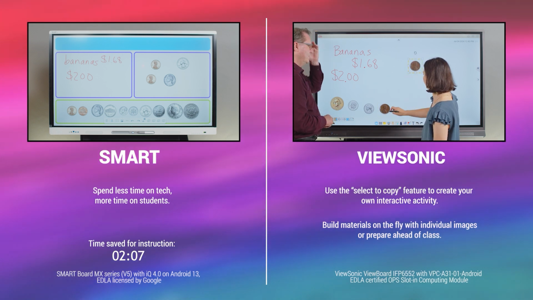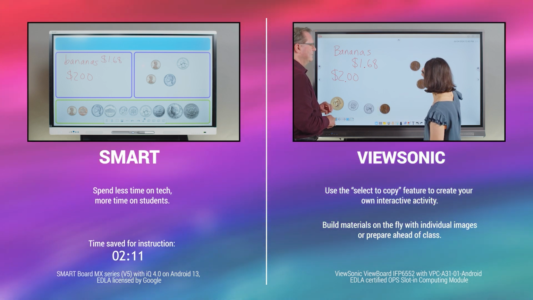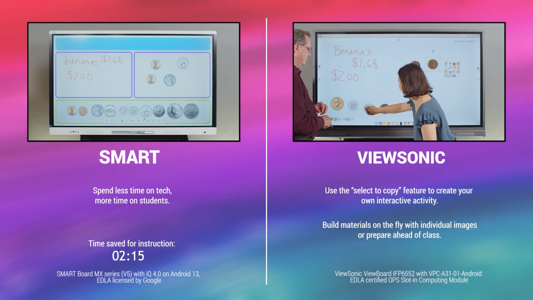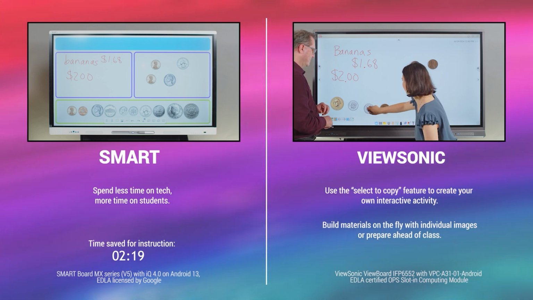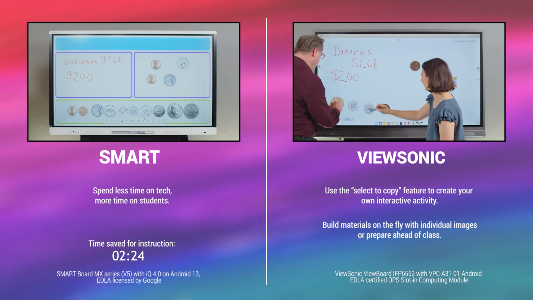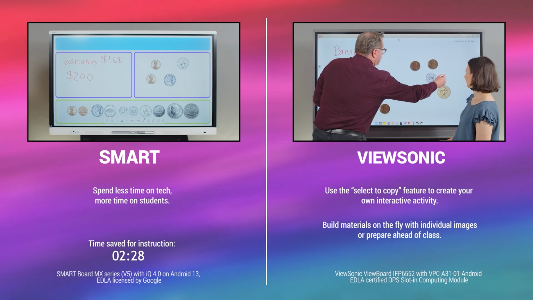So it'd be $1.69. $1.70. $1.75, and I'll do one, the quarter. $2. All right.